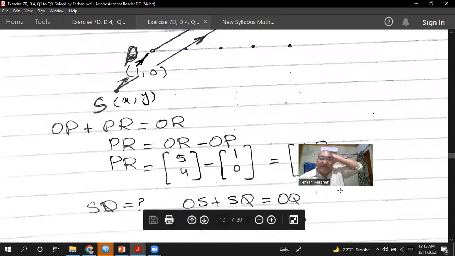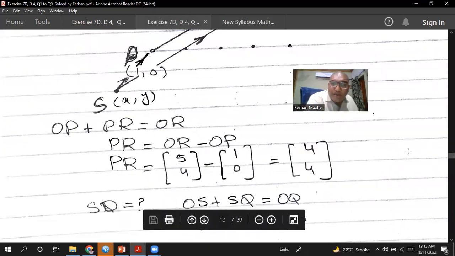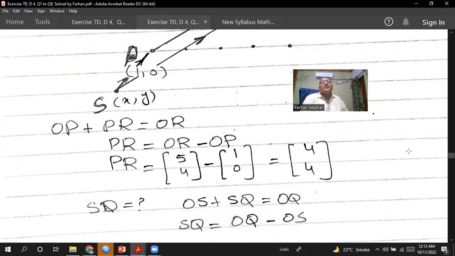OP plus PR equals OR, so PR equals OR minus OP. OR is (5, 4) and OP is (1, 0). So 5 minus 1 is 4, and 4 minus 0 is 4.